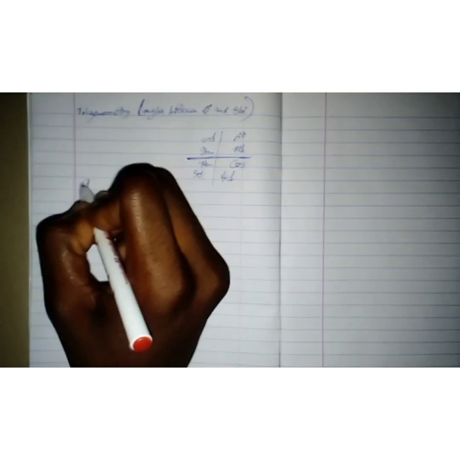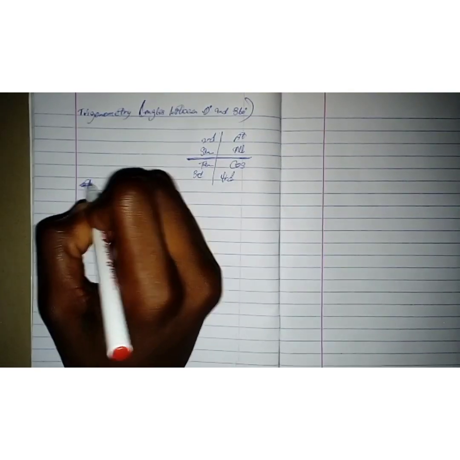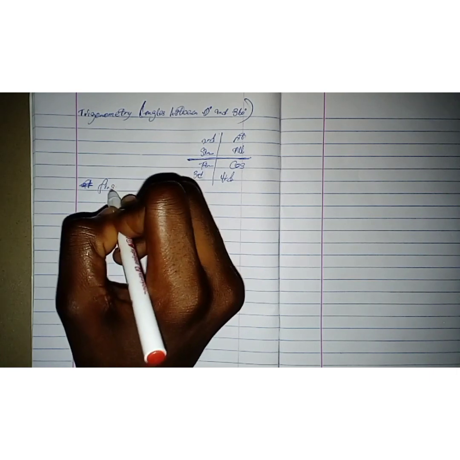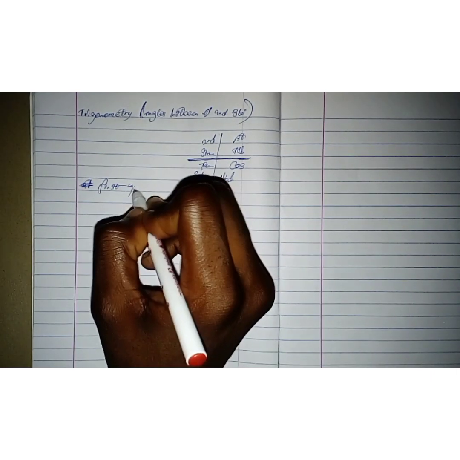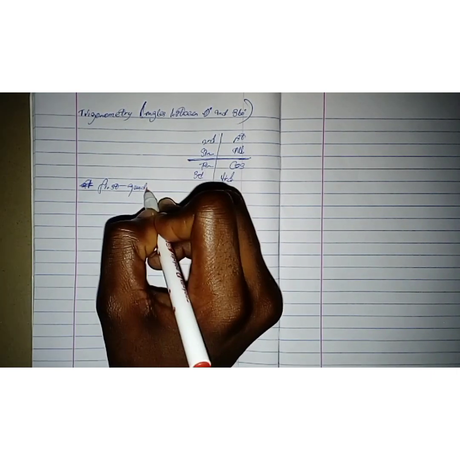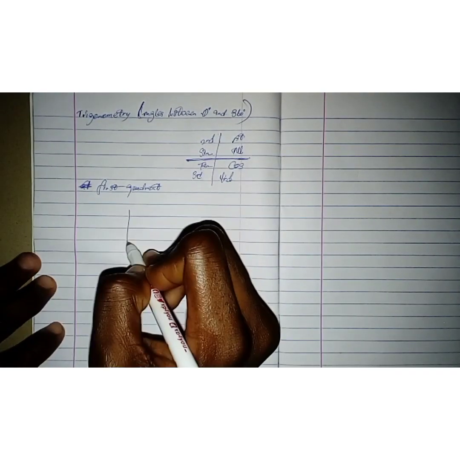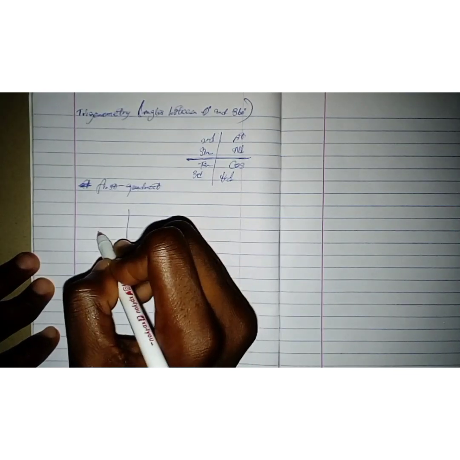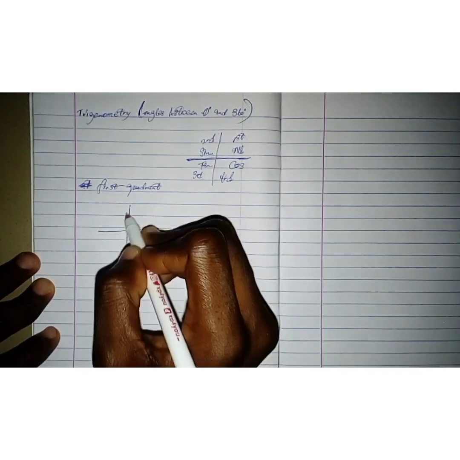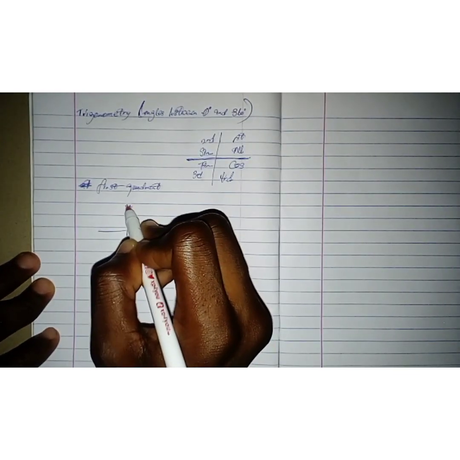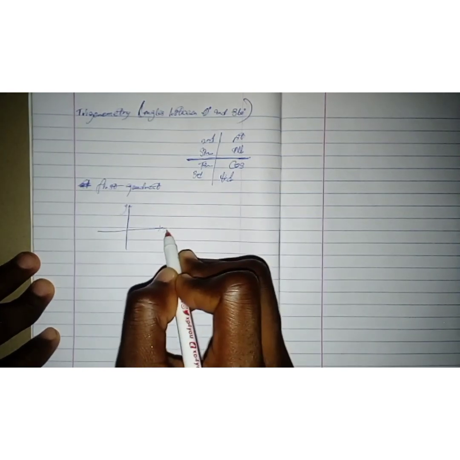So at the first quadrant, which should be like this, this is our y-axis, and this is our x-axis.